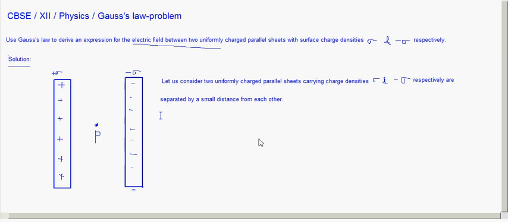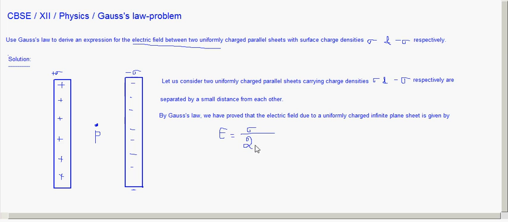So by Gauss law we have proved that the electric field due to a uniformly charged infinite plane sheet is given by E equal to sigma by 2 epsilon naught.